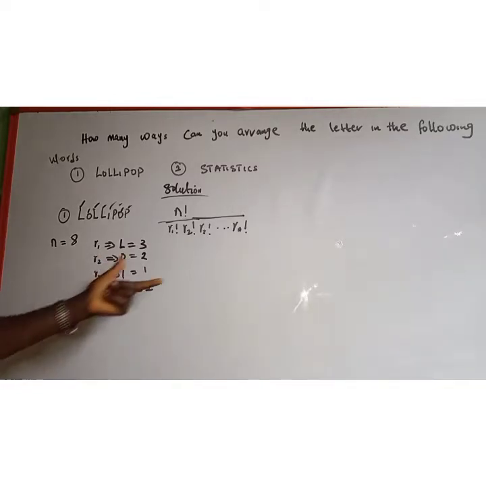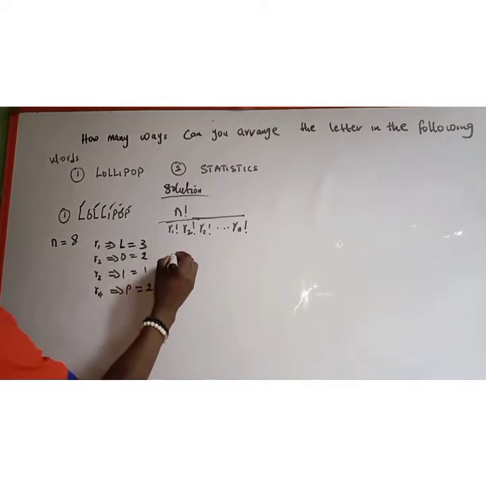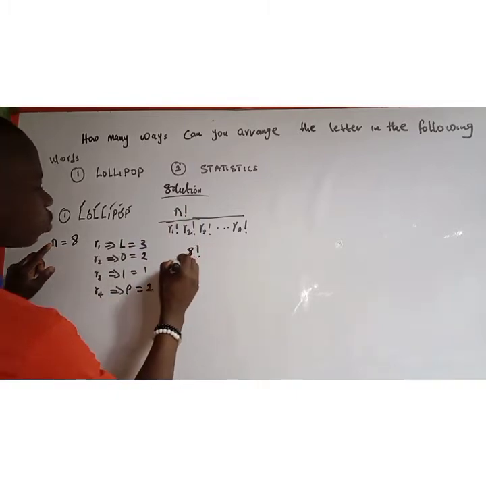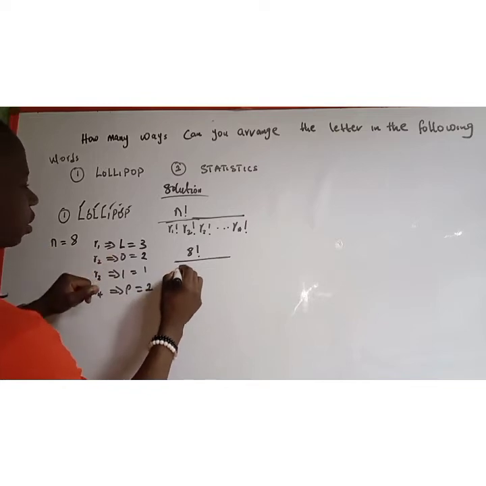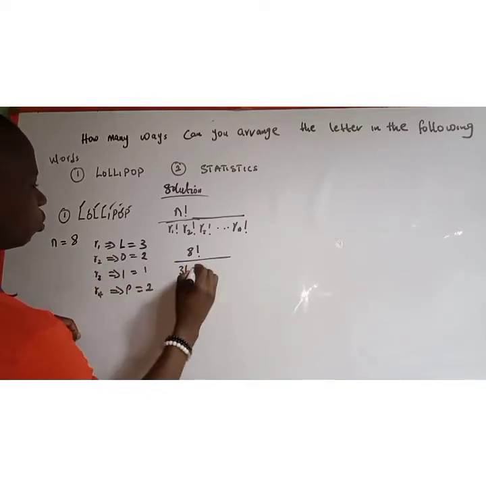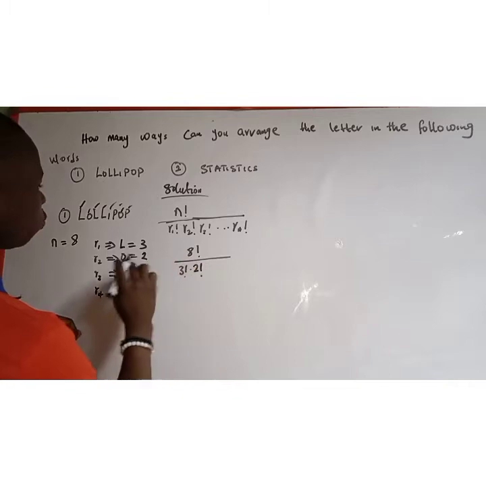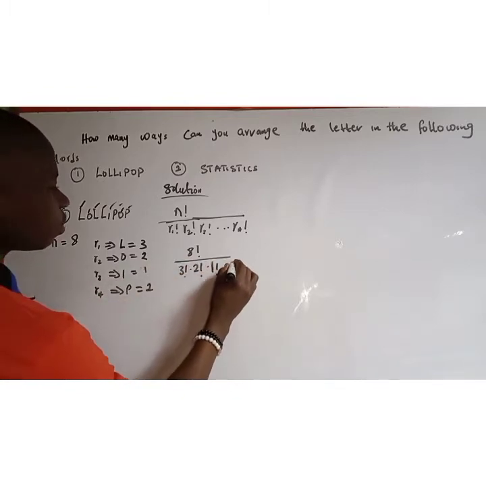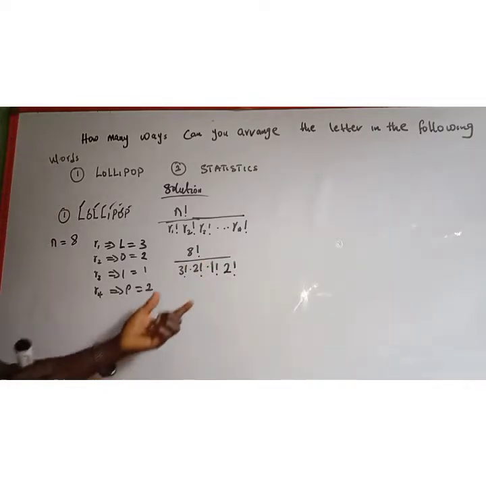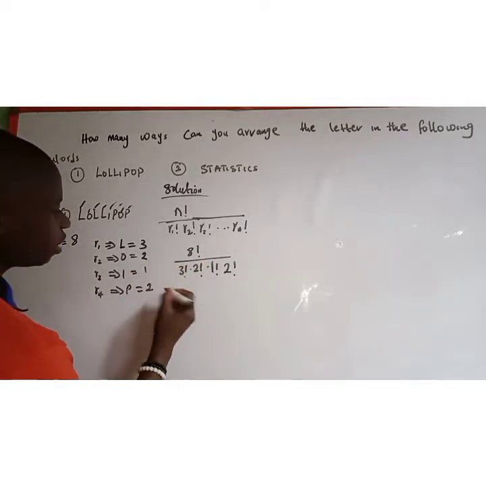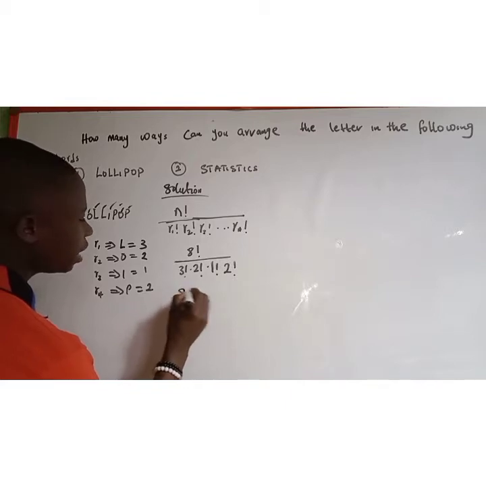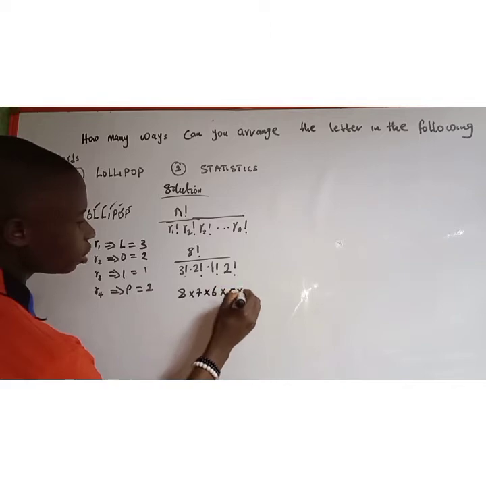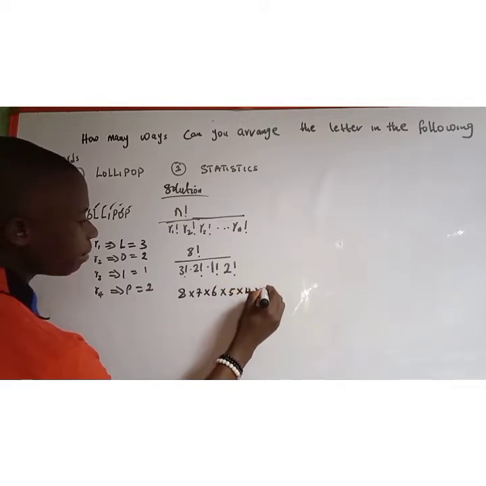So we substitute this into the formula. My n is 8, so I have 8 factorial over r1, which is 3 factorial, multiplied by 2 factorial, multiplied by 1 factorial, multiplied by the last one, which is 2 factorial. Now we simplify this. 8 factorial is 8 multiplied by 7 multiplied by 6 multiplied by 5 multiplied by 4 multiplied by 3.